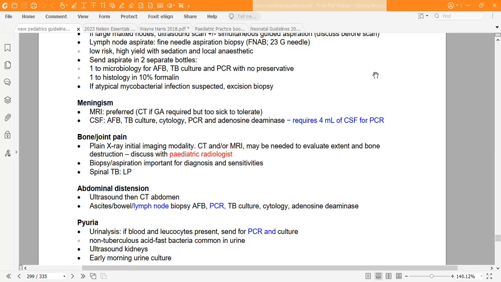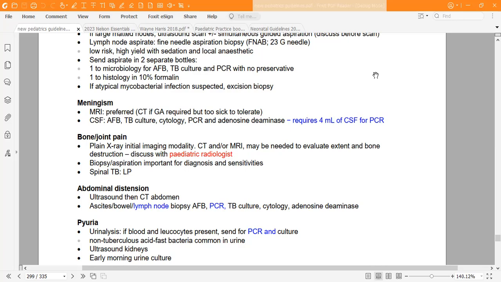So if he came in and he is a known case of TB, he has some sort of bone pain or joint pain, what I'm going to do as a registrar is ask for plain X-ray. That's basically what I ask for.